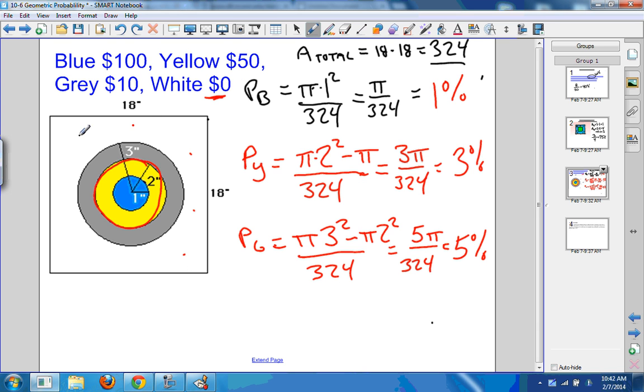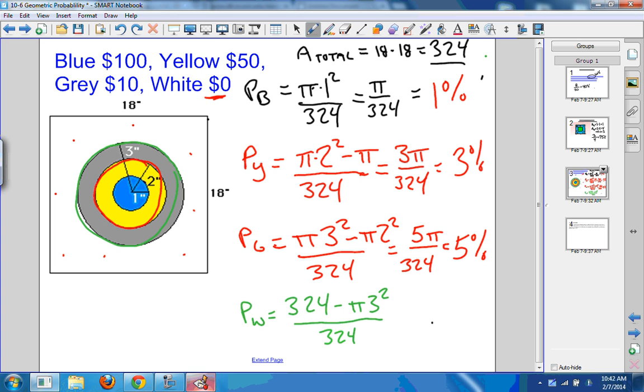All right. So to figure that out, we need the area of the white area, which we learned earlier. 18 times 18 is 324, but we need to subtract out this big circle. 324 minus pi times 3 squared. We're going to divide that by our total 324. Let's see what we get.